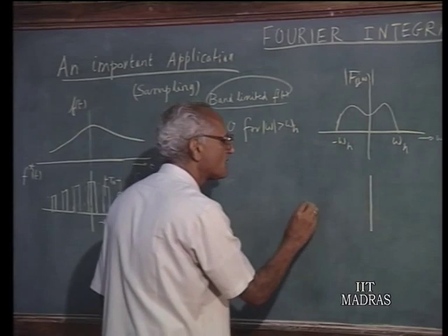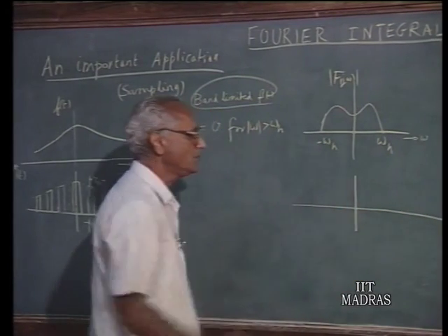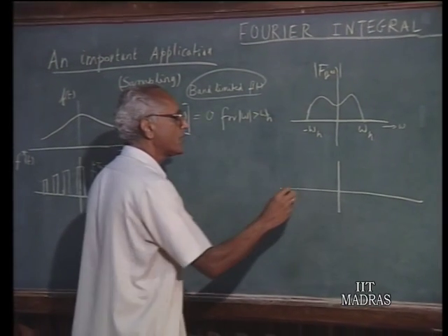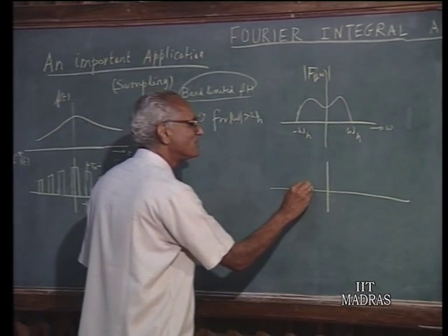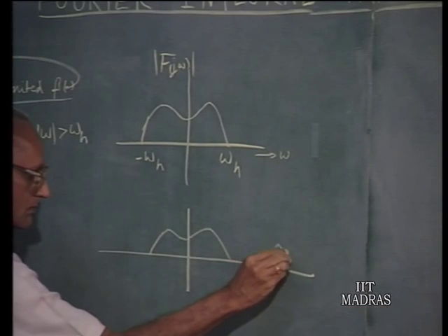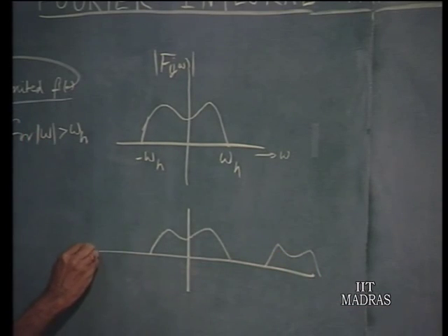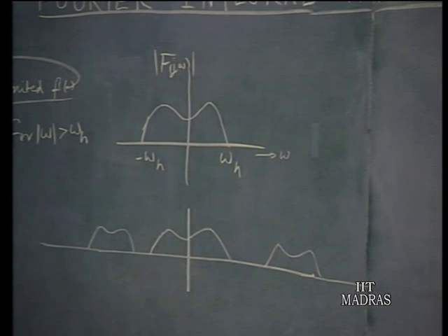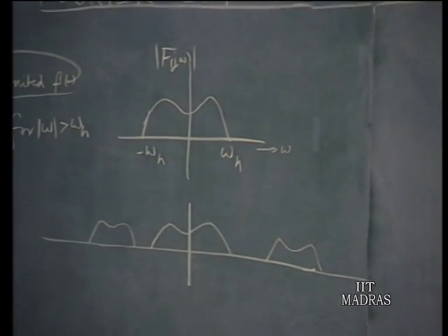If this is the original Fourier spectrum, the f star of t, the Fourier transform for that will be the same spectrum repeated endlessly in both directions with a reduced scale factor.